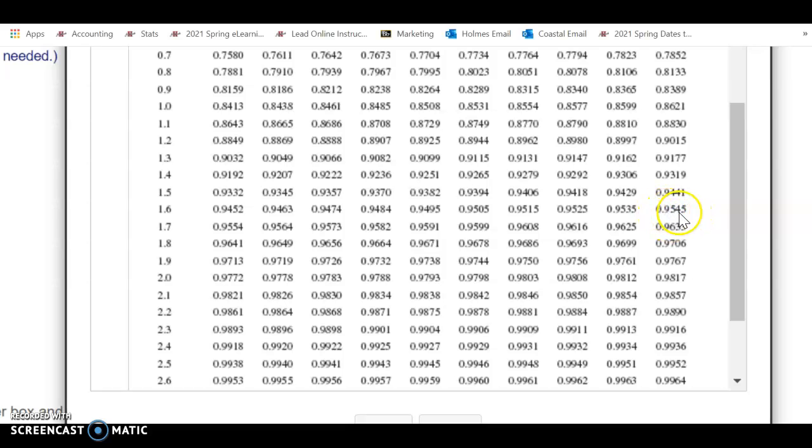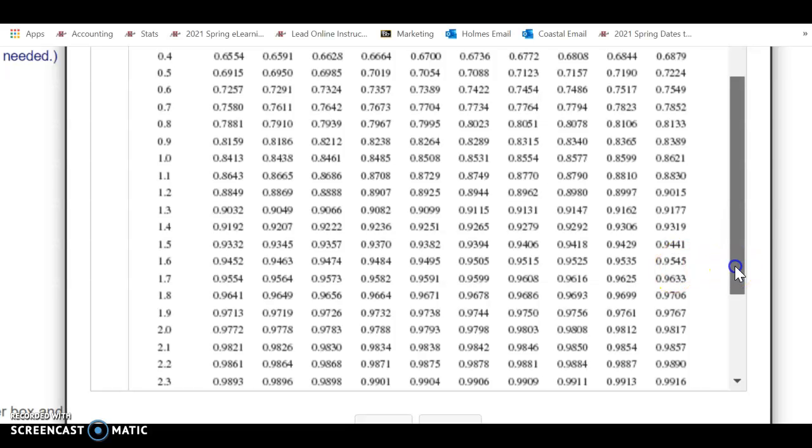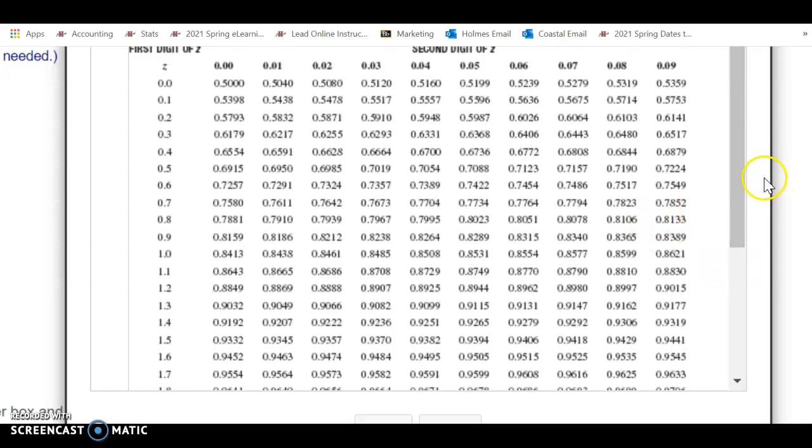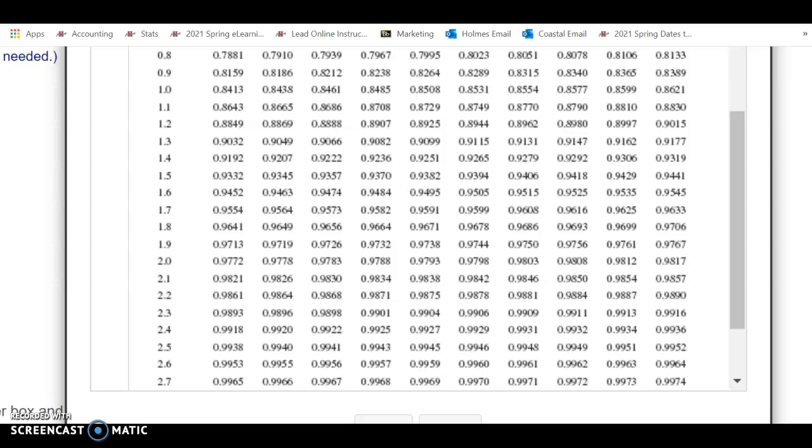So think about it. 0.9545 would be a little bit less than 0.955. So it's going to be somewhere in between 1.70 and 1.69.